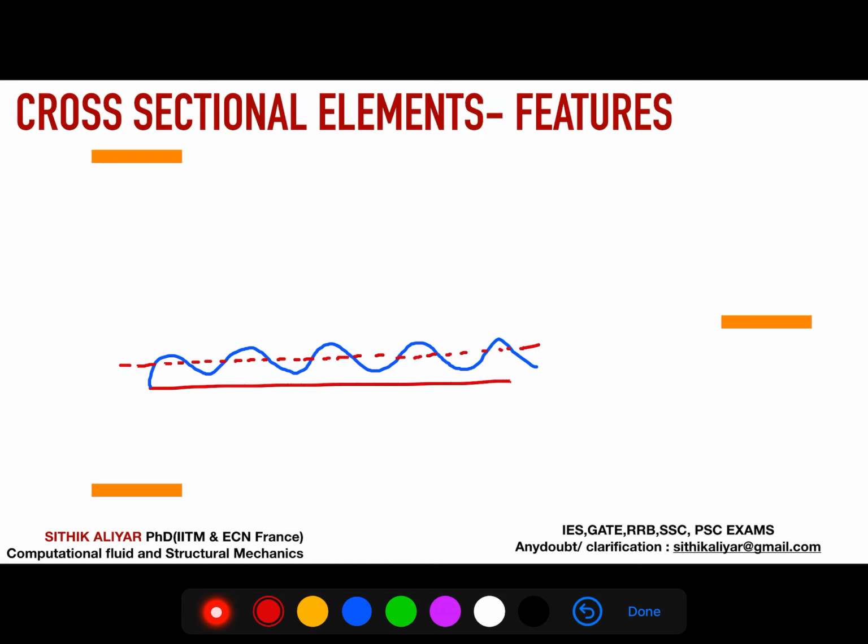Okay, I am going to measure 1, 2, 3, 4, 5, 6, something like this. Let it be y1, y2, this is y3, this is y4, this is y5, y6, something like this. So I am measuring for the whole 1 kilometer.